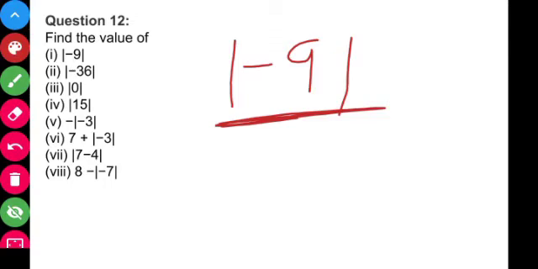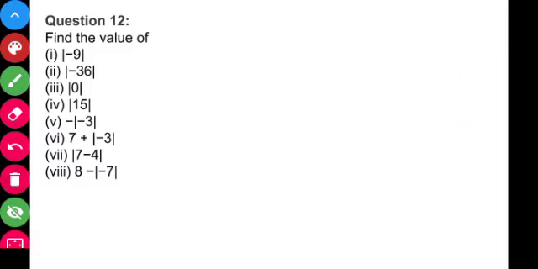Absolute value is the numerical value without considering the sign. So what is the absolute value of minus 9? That is equal to 9 because its value is 9 only.